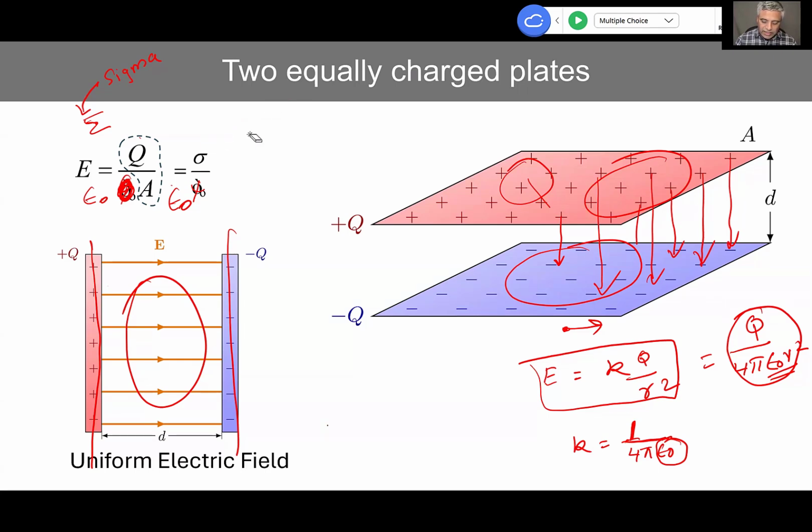And this is just a notation for Q over A. Oh, looks like I did not write that. Sigma is Q over A. I think I indicated that by just drawing this dash line here. Sorry about the notation mix-up.